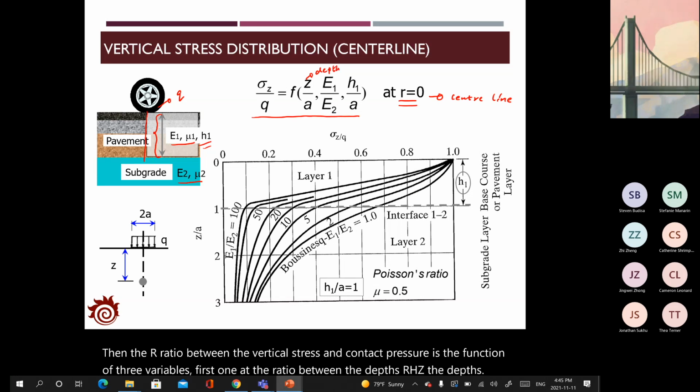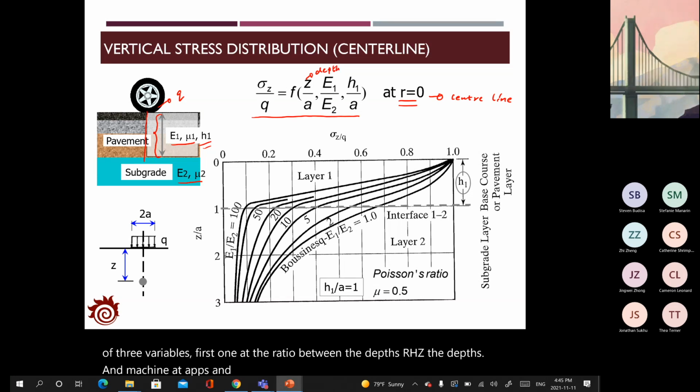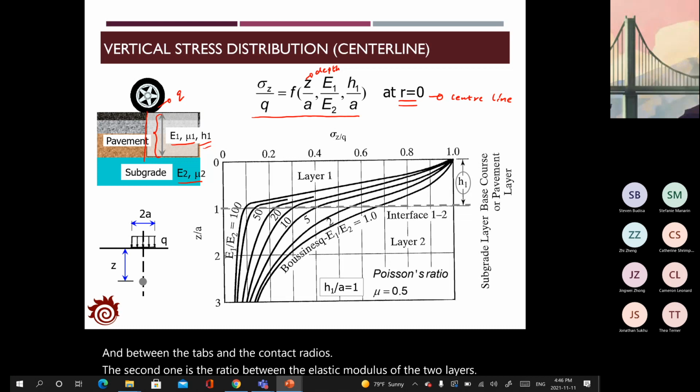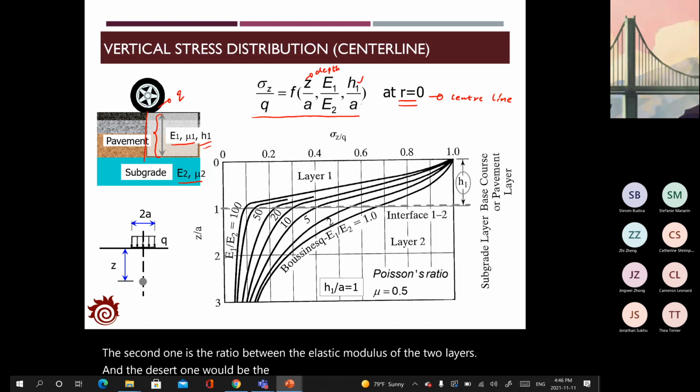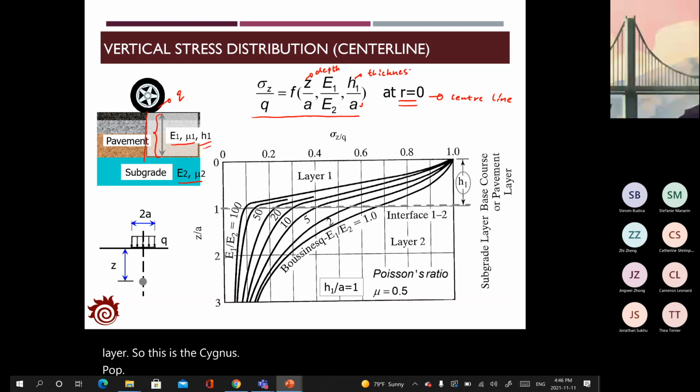And between the depths and the contact radius. The second one is the ratio between the elastic modulus of the two layers. And the third one would be the ratio between the thickness of the top layer of the pavement with respect to the radius of the contact areas.